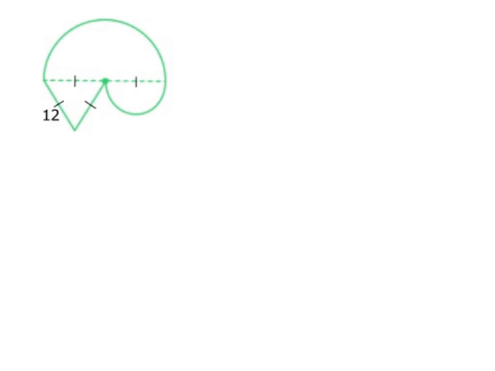Okay, so I'm now going to find the perimeter of this complicated shape here. First off, we'll look at this part of it. This is an arc, even though it's a semicircle. Now remember, the radius is the distance from any point on the circumference of a circle to the middle. So this line here is the radius of that semicircle.